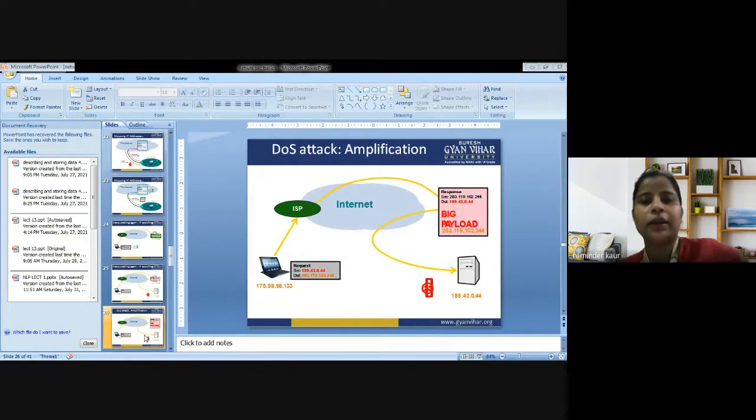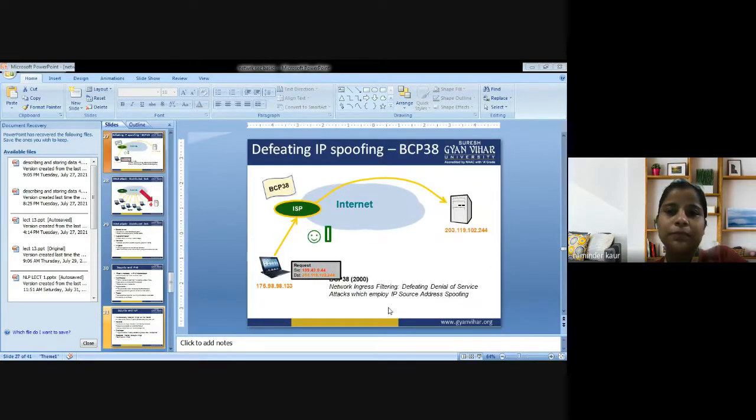DoS attack, denial of service attack, amplification. Have a look at the same. Again, the same thing is happening because the traffic is blocked. Defeating IP spoofing: this is the process for the same. Network ingress filtering defeats denial of service attacks which employ IP source address spoofing.